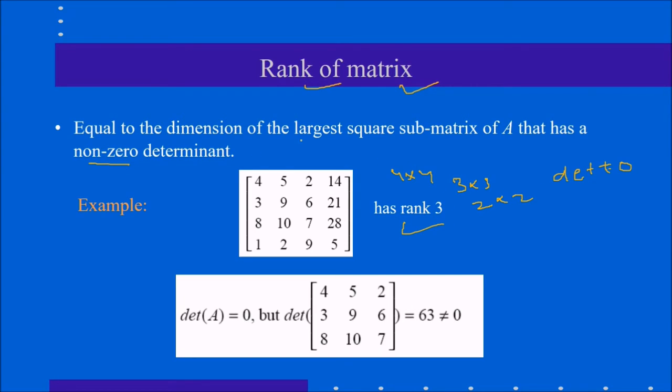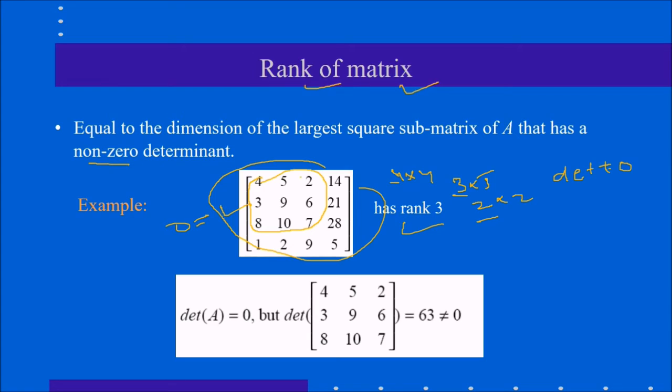So it is equal to the dimension of the largest square submatrix with non-zero determinant. Dimension is 4 for 4 by 4, 3 for 3 by 3, 2 for 2 by 2. It has to be square, please understand. For example, for this matrix, the determinant of the complete matrix is 0.